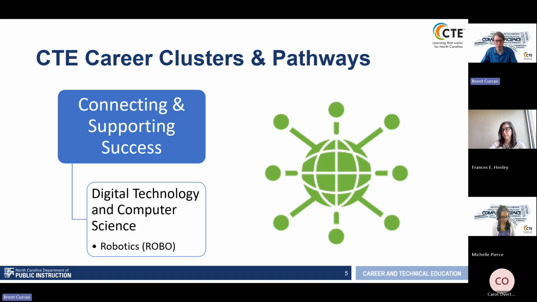But with this being a middle grades course, of course, it can be applied to any pathway within digital technology and computer science. But if you have a middle school and a high school program, obviously if you're teaching the robotics courses at the high school, it may be in your best interest to also offer the robotics course at your middle grades schools.